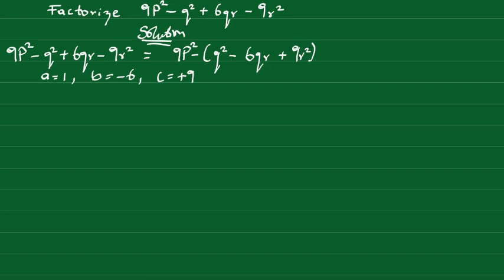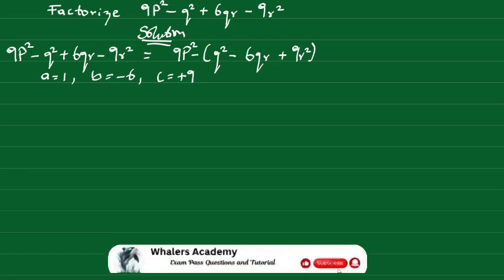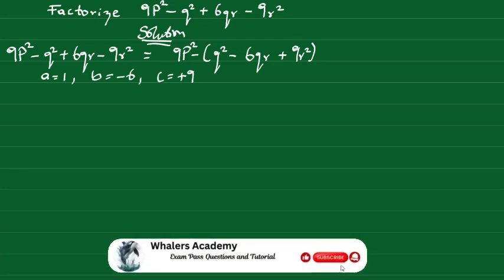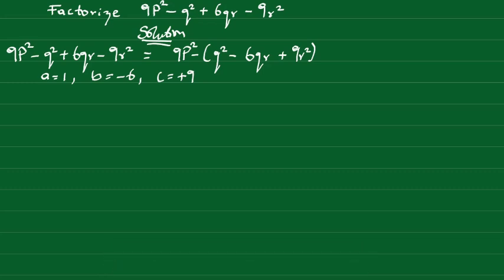Rather, we just look for the factors of C that when added give us B. Now, our value for C is 9 and our value for B is minus 6. Hence, two factors of 9 that give us minus 6 are minus 3 and minus 3, because minus 3 times minus 3 gives us plus 9, and minus 3 plus minus 3 gives us minus 6, which is our value for B.